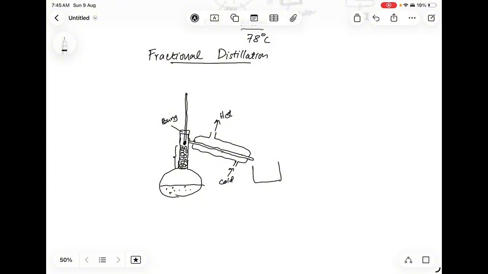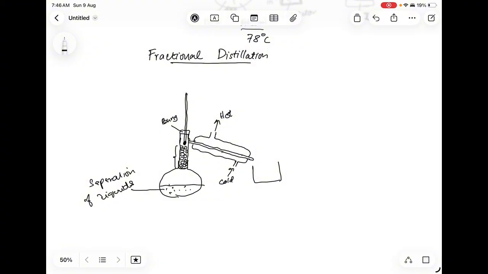Now, this fractional distillation is used for separation of liquids, and it's precise enough that it can easily separate those liquids which have closer boiling points.